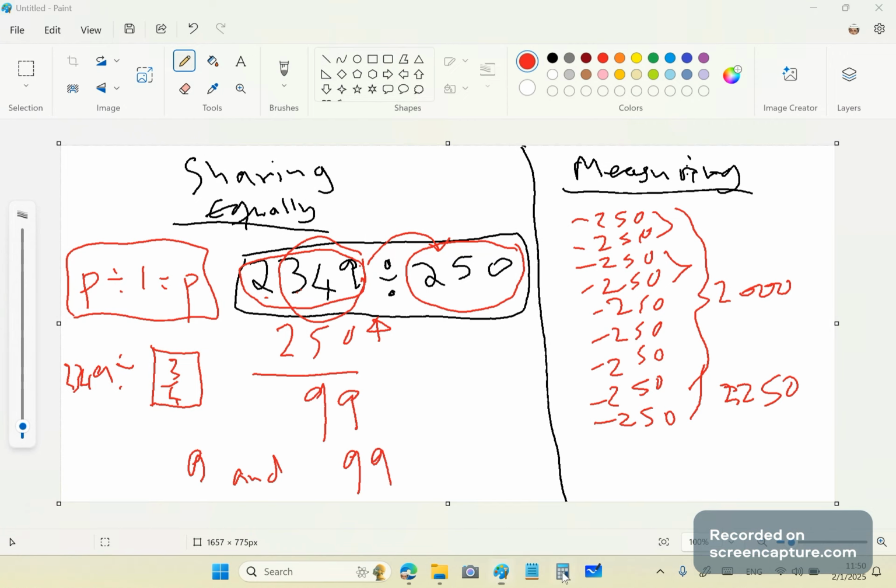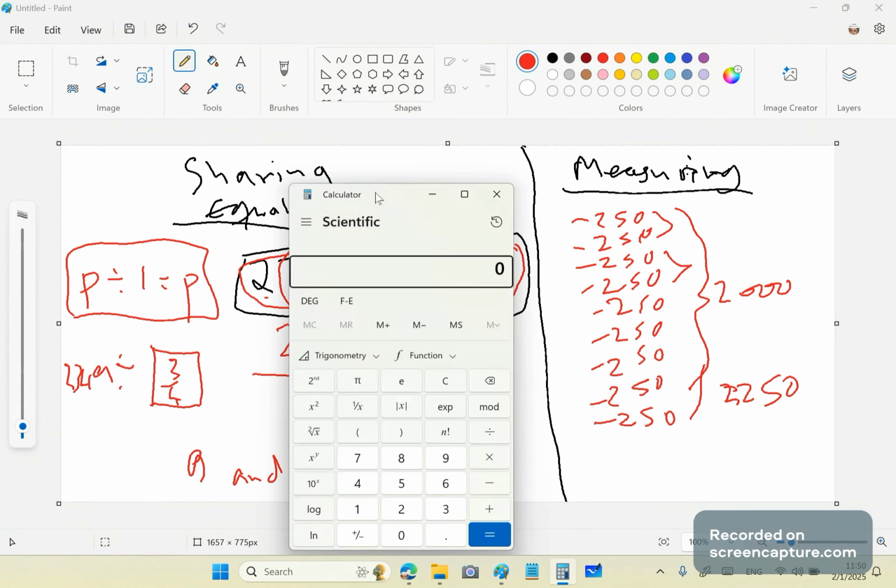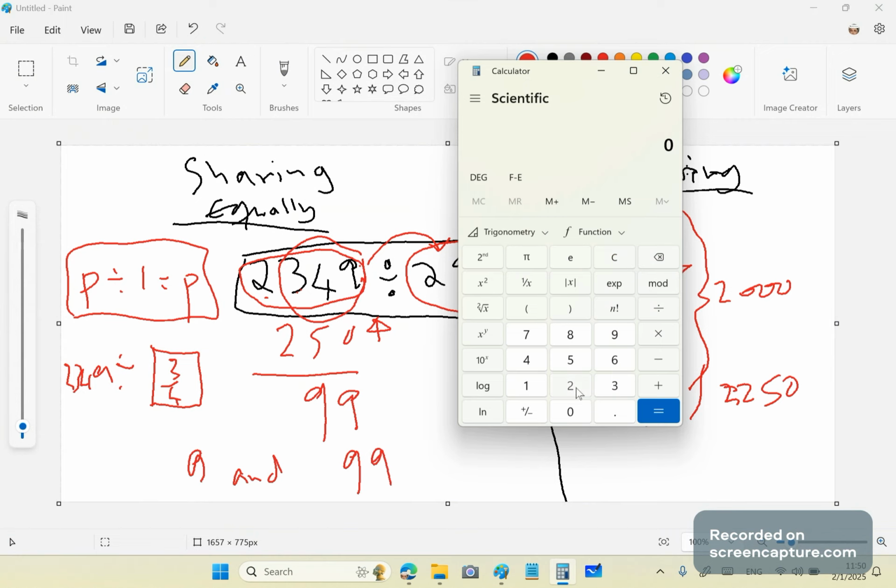Now, if I've done my arithmetic correctly, what this means is that if we say 2349 divided by 250, that should give us 9 comma something, and it does. It gives us 9.396. This 0.396 is just simply 99 divided by 250.